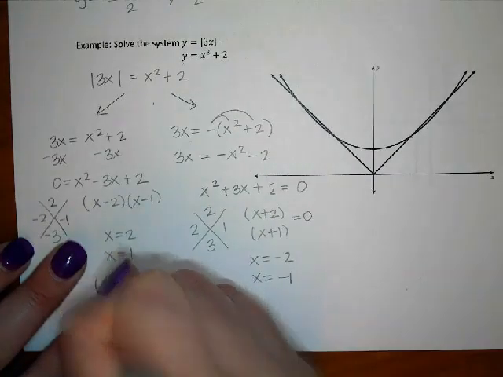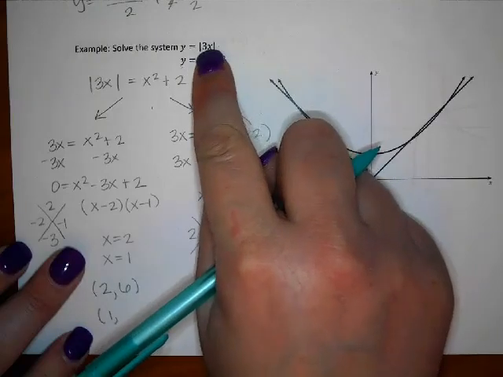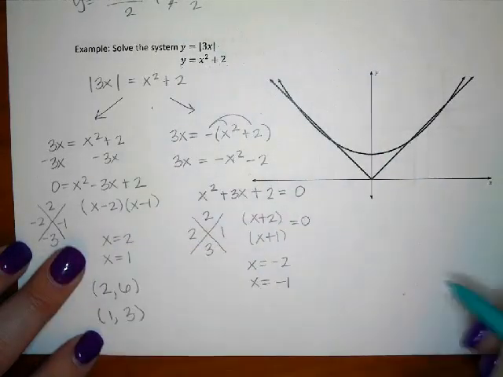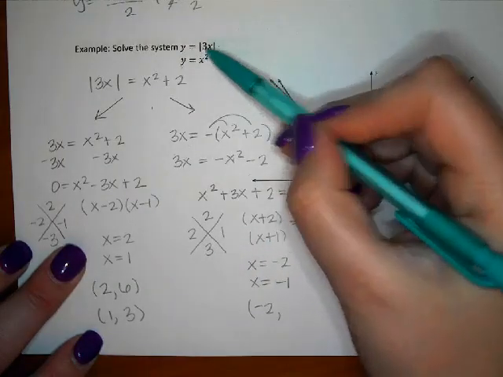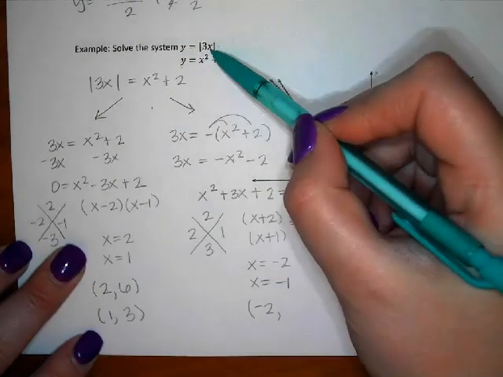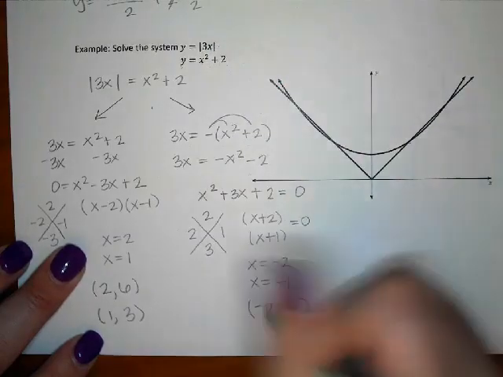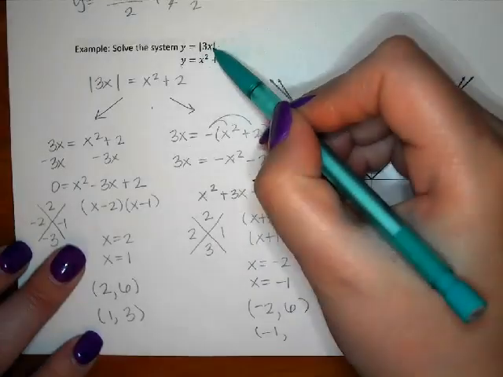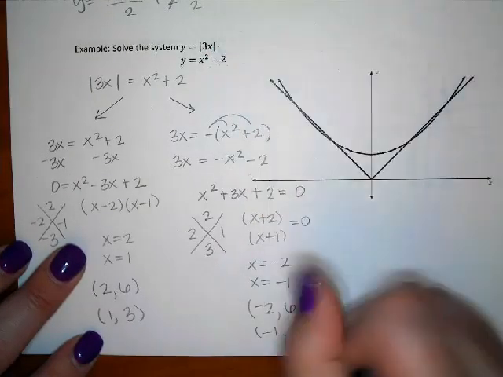Next we have 1. 3 times 1 is 3. The positive version of 3 is still just 3. Over here we have negative 2. 3 times negative 2 is negative 6. The positive version of negative 6 is positive 6. Then we have negative 1. 3 times negative 1 is negative 3. The positive version of negative 3 is positive 3.